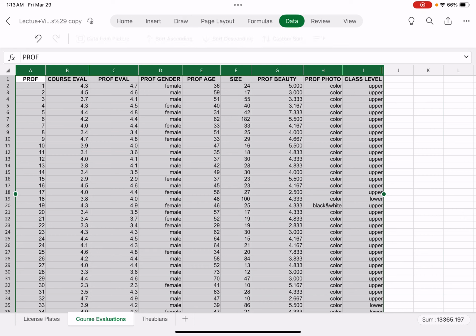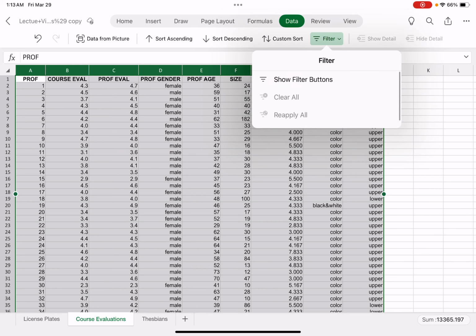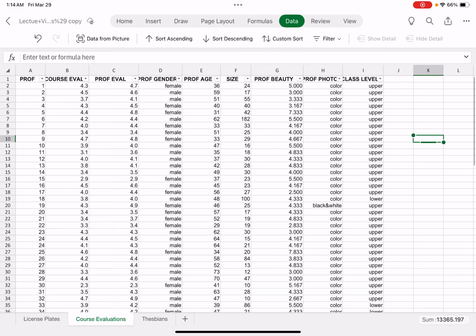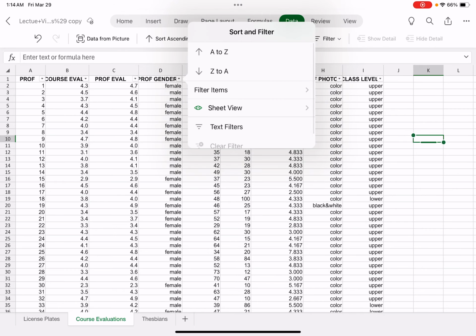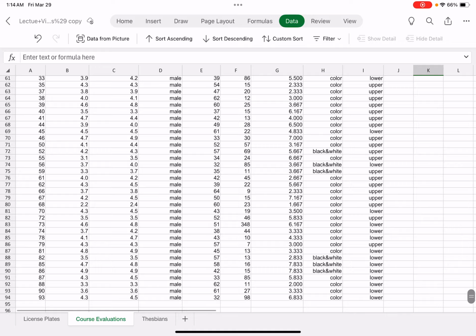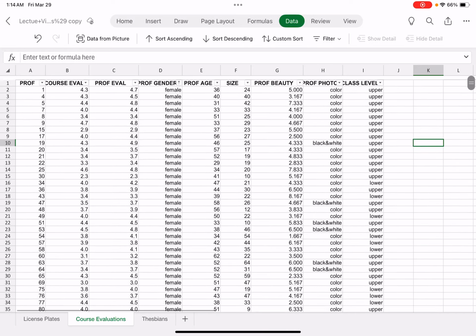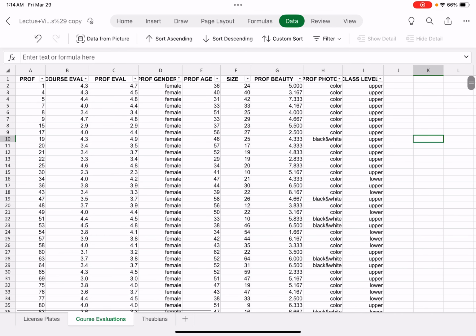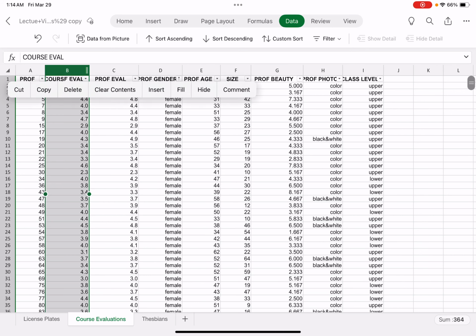Now, data, filter, show filter buttons. Great. Now, professor gender. There we go, it gives you the females and the males. And then we have the course evaluations in that column right there.